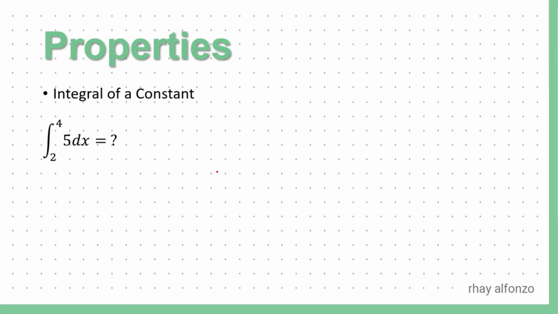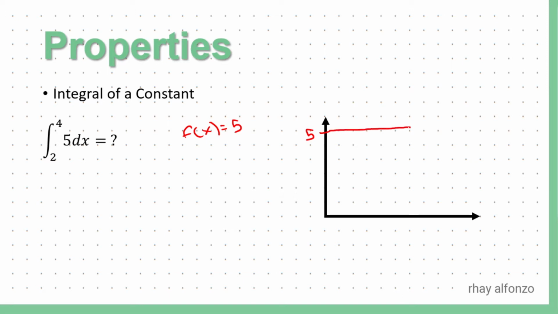So here we have the integral of 5 dx from 2 to 4. So our function is f of x equals 5. And getting the definite integral is just the same as getting the area under that curve or that function. So we have from 2 to 4.